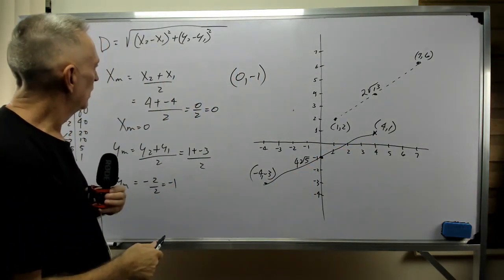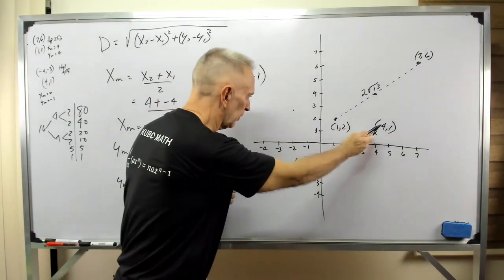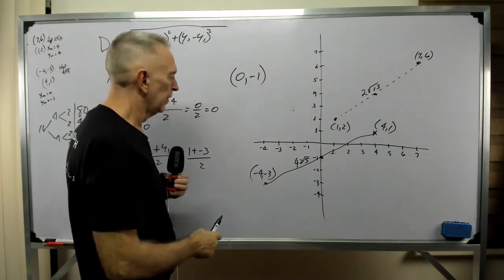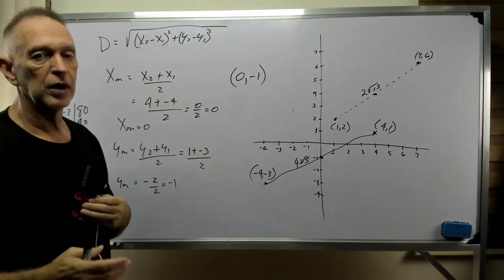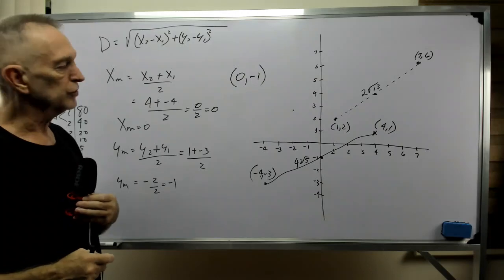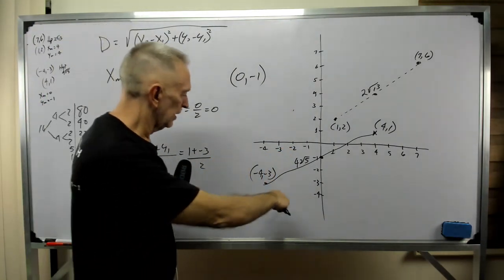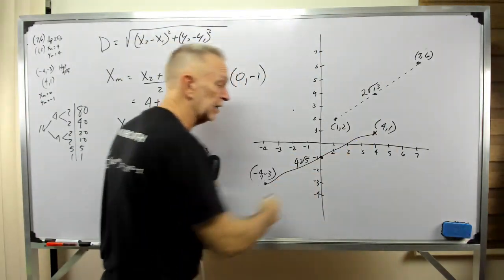Okay. These are just simple examples of how to use the distance formula to calculate the distance from one set of points to another, and then find the midpoint. Now, finding the midpoint becomes critical sometimes because eventually we'll get into circles, and it's good to know how to find the middle of something, especially if this were a circle and that was representing a diameter.